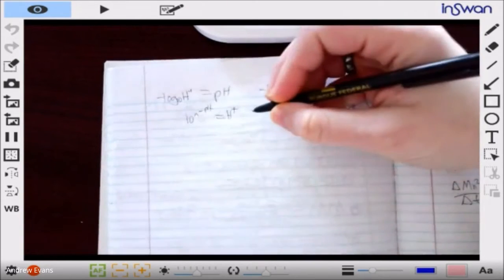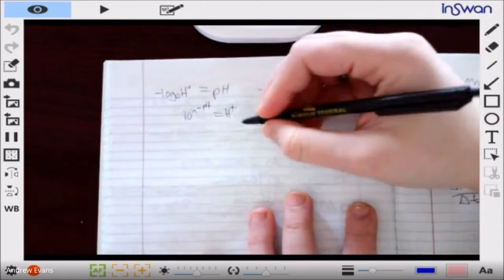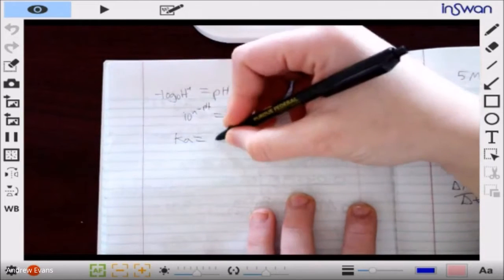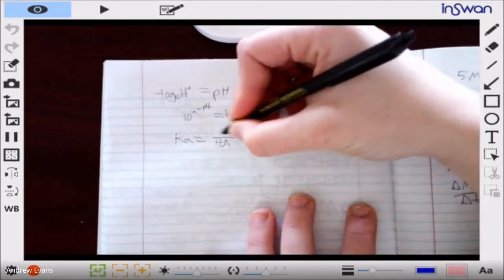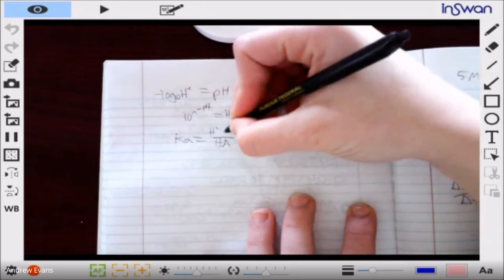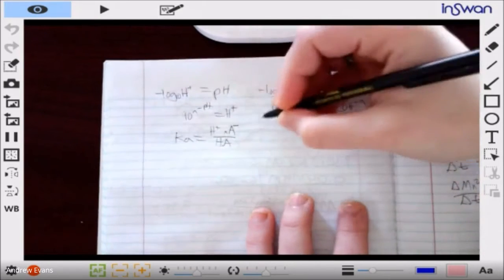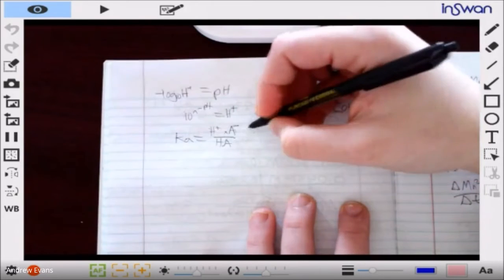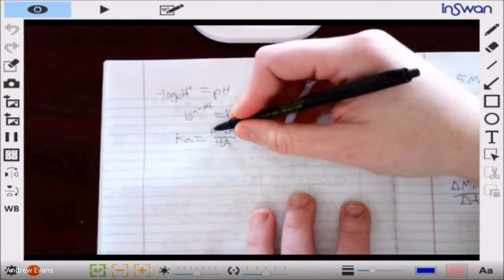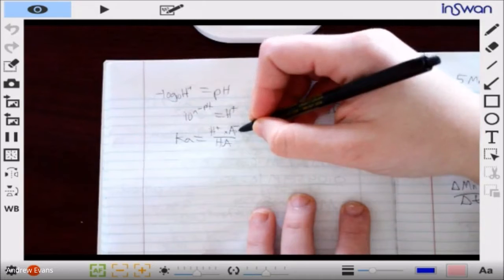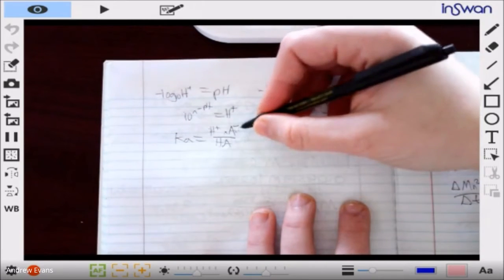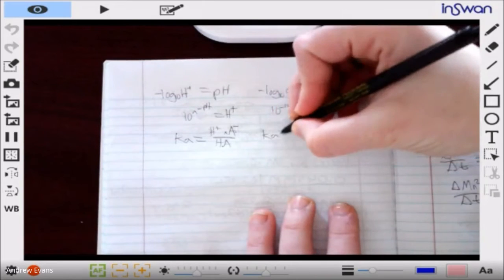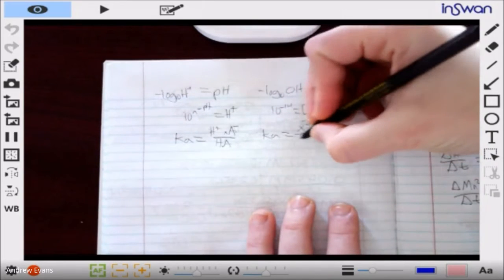Then we introduced weak acids. When we set up the equation, we said Ka equals H plus times A minus over the concentration of acid HA. Because there was no amount of acid or base present, no protons or conjugate base present initially, we set those as X in the ICE table, and it became Ka equals X squared over HA.